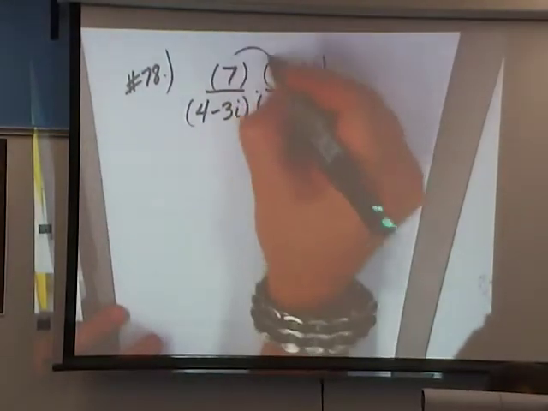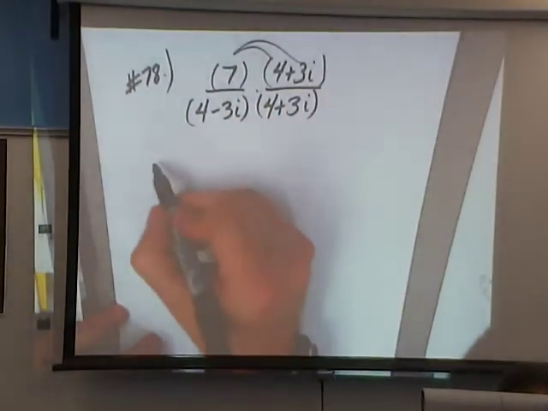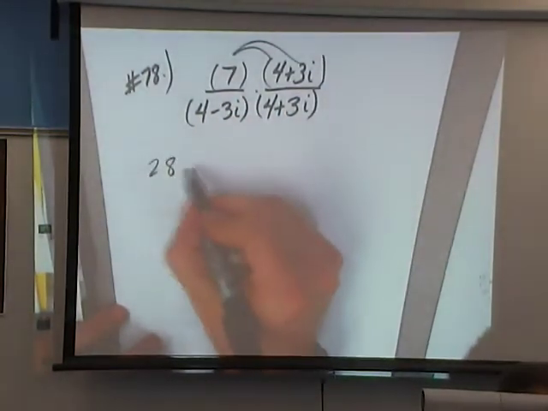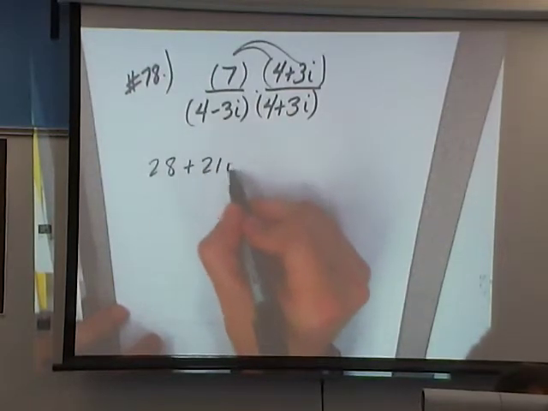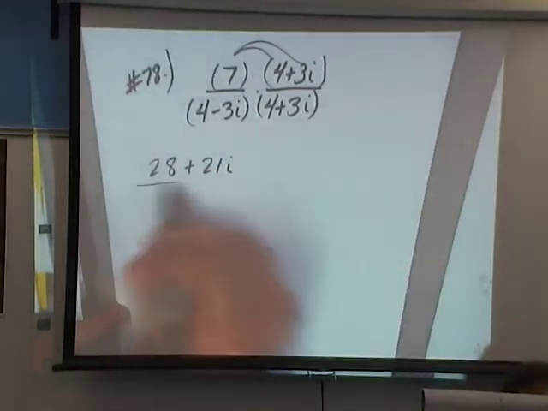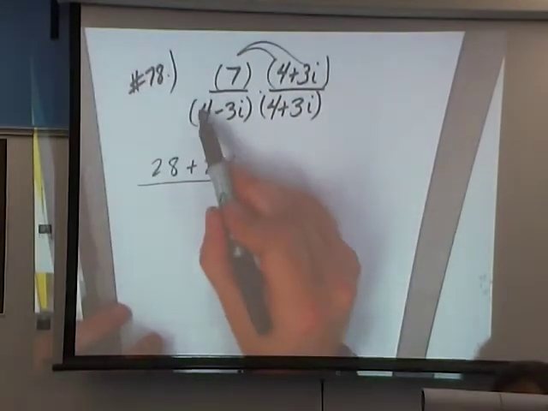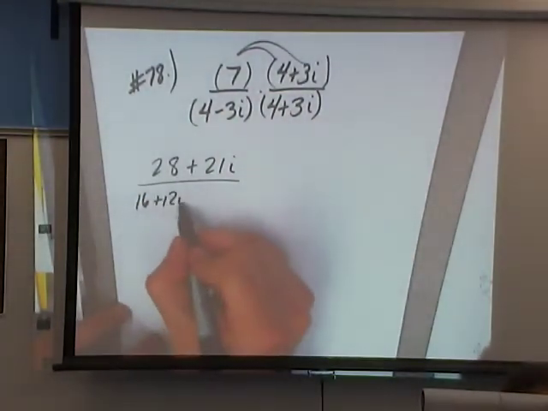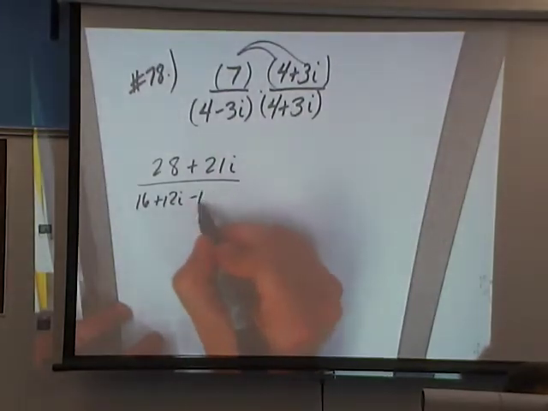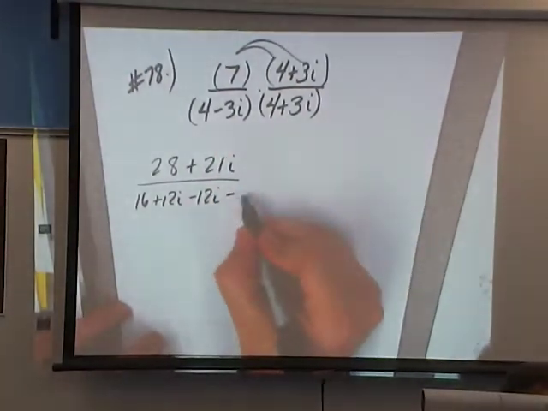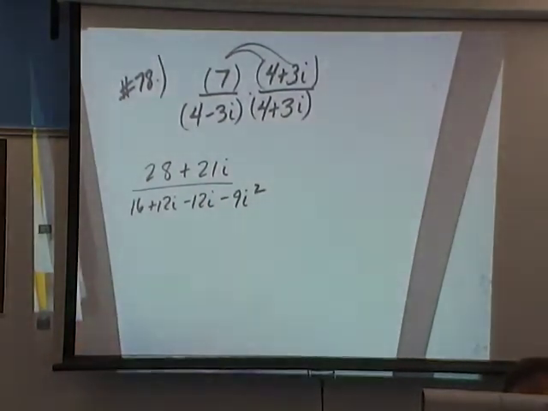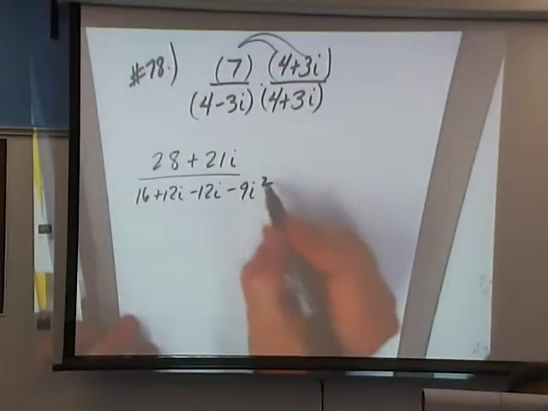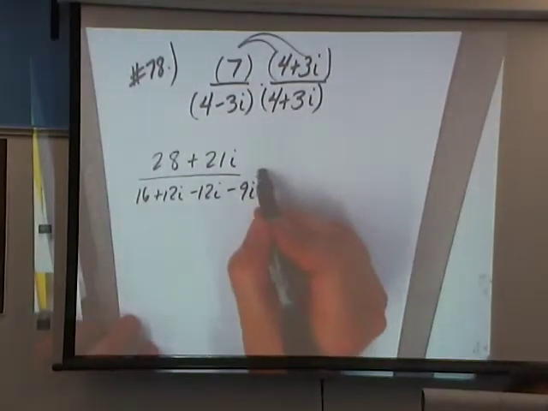All right. So up top we've got to distribute, right? So we'll end up with 28 plus 21i. On the bottom we've got to FOIL, right? So that'll be 16 plus 12i minus 12i minus 9i squared, right? Negative 9i squared is going to become what?